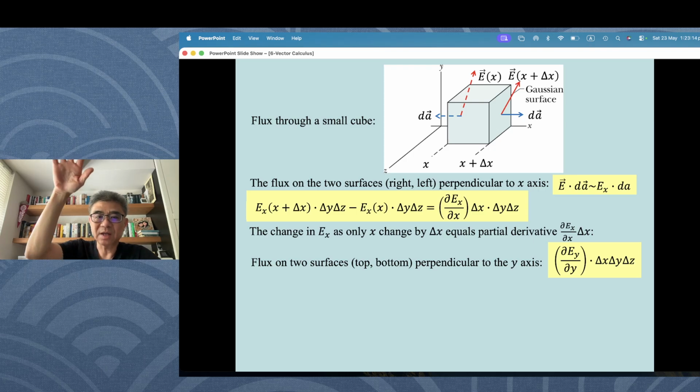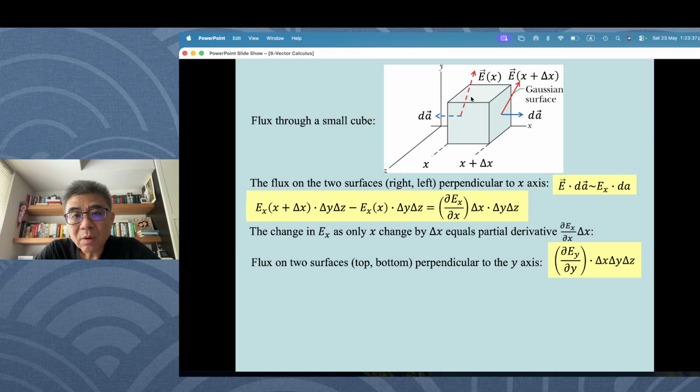For the surfaces on top and bottom, it is easy to show that it is equal to partial Ey over partial y. Again, Ey, because the surface is on the xz plane, and therefore dA is in the direction of y. Therefore, it picks out the y component of the electric field.